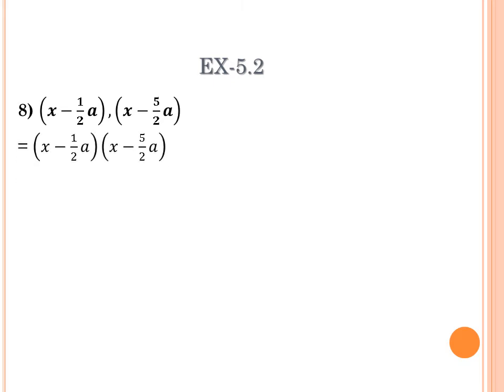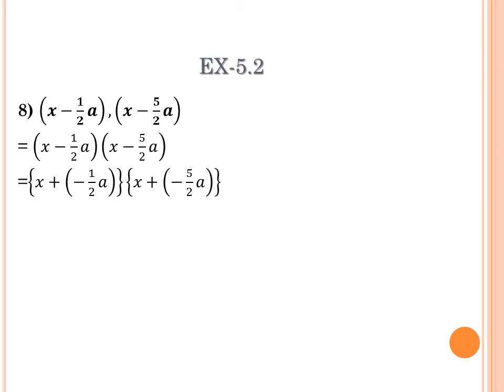So in this math we cannot use formula number 3. We have to use formula number 4. But how can we make formula number 4? (x + a)(x + b). We can make something like that. You can say x plus, in the bracket, minus half a, x plus minus 5 by 2a.